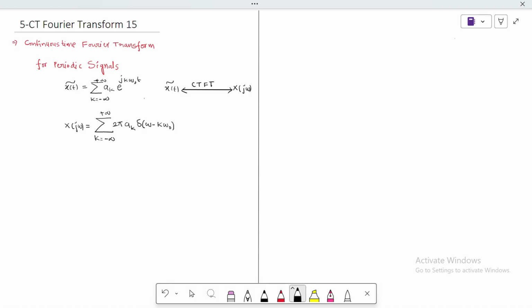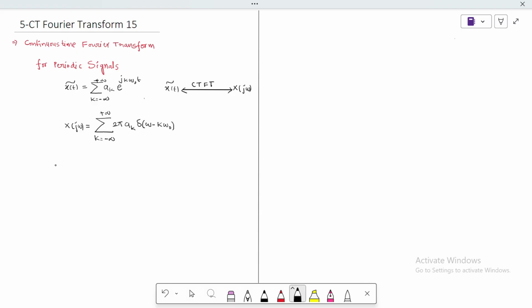Here we have to find the Fourier transform for the periodic signal. For example, before going to the problems on the Fourier transform for periodic signals, I would like to tell about property applications.